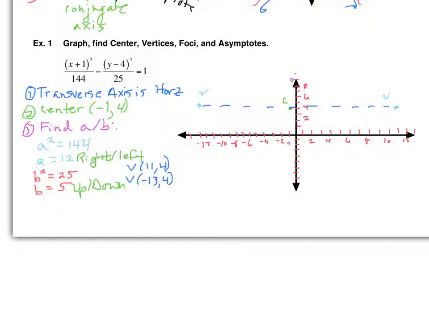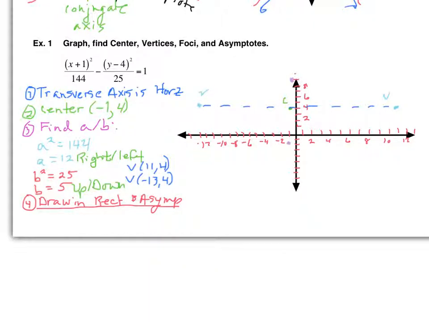So step 4, draw in rectangle and asymptotes. So that's what we're going to do. It would be to your advantage to put the 4 corners of your rectangle up and down here using your straight edge, and up and down here before you actually connect your points.